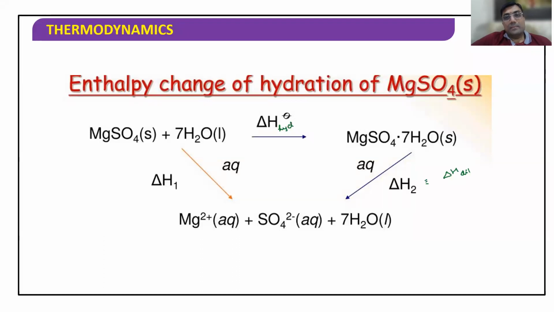This is aqueous, given here, so this is the enthalpy of solution. I hope you understood. So enthalpy of solution is equal to hydration plus dilution. Clear or not, all of you? Yes, sir.